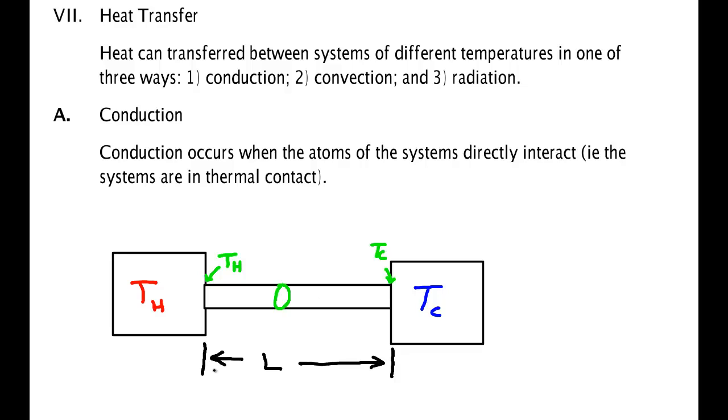There is a length. The further the distance between these two things, that is, the more collisions these atoms have to make to eventually transfer that energy down here, the slower the rate at which it occurs. That's because they have a finite speed. Also, the more atoms that can get involved, the faster this can occur. Well, the number of atoms that can get involved depends upon this area, how many can bang in.